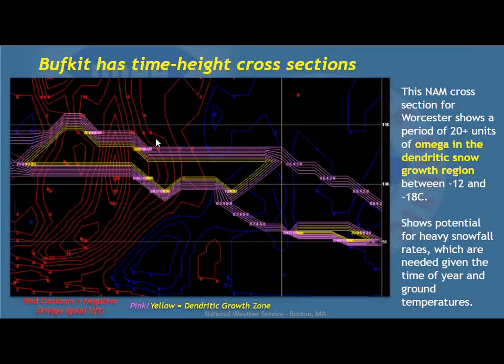In this case, you will want to focus on the omega, which is highlighted in red. Those are the negative values, and ideally you want to see minus 10, better still minus 20 units of omega. If you can get the omega to coincide with the DGZ, there's a good chance you can get a good snowfall rate.